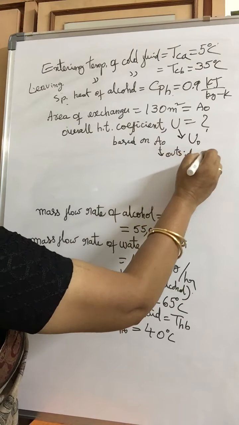Suppose this is the hot fluid and this is the cold fluid, like this. This is parallel flow only, in this problem anyway. So this is the wall which is separating the hot and cold fluids. That is why this is the inner pipe wall.